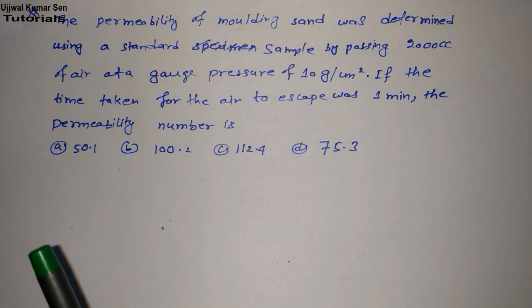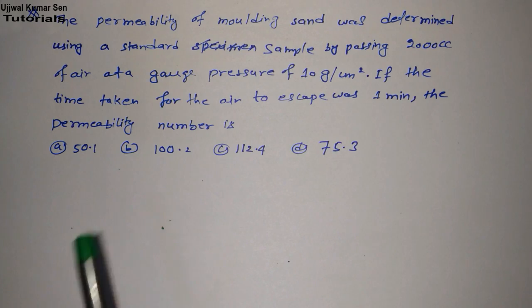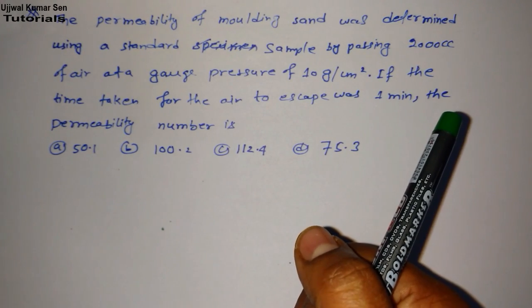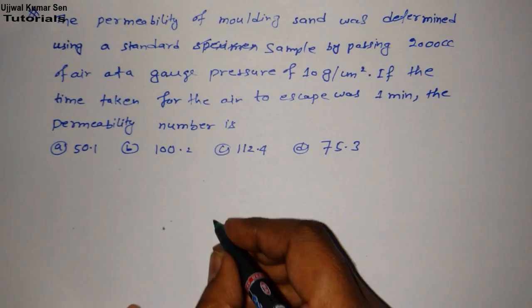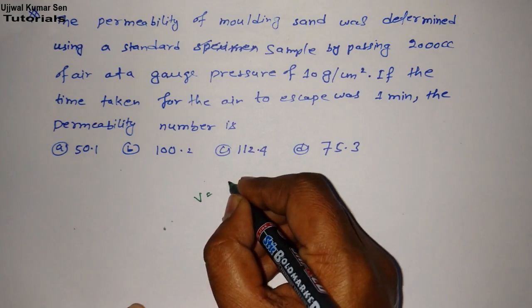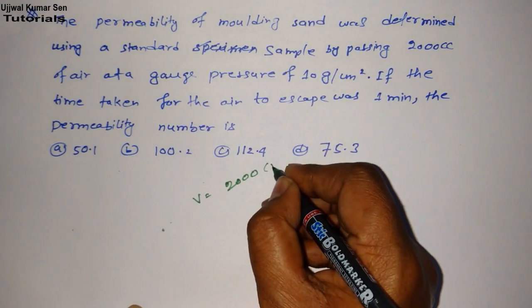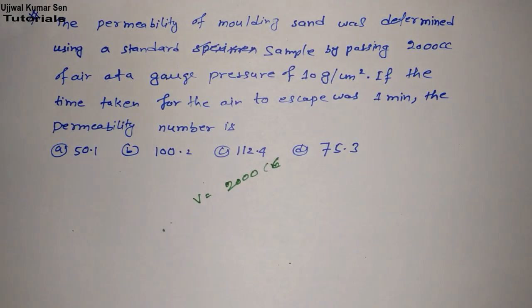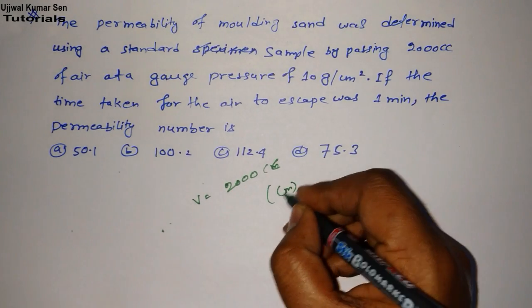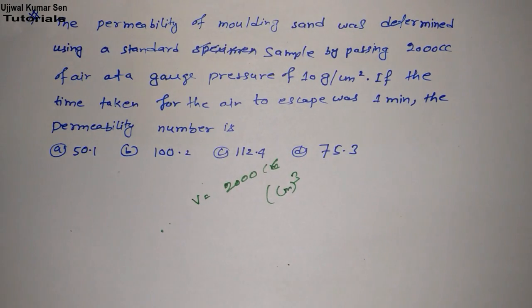In this question, the permeability of molding sand was determined using a standard sample, through which 2000 cc of air passes. So V is 2000 cc, which means cubic centimeter, centimeter to the power cube. Remember this.